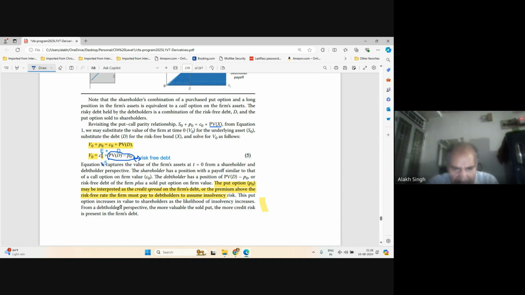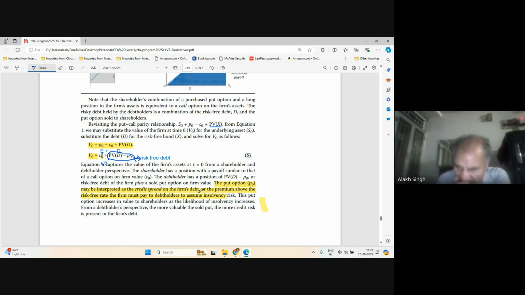So this P0 is the credit risk, which may be interpreted as the credit spread on the firm's debt, because risk-free debt gives you an interest of just 2 to 3%, and this includes inflation. When there is little inflation, in real terms risk-free debt gives around 1 to 2% as a return, and you add that to inflation.